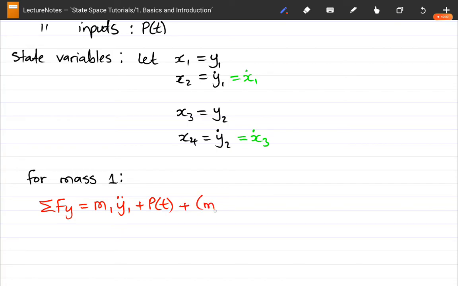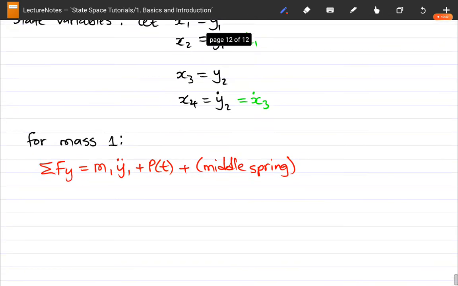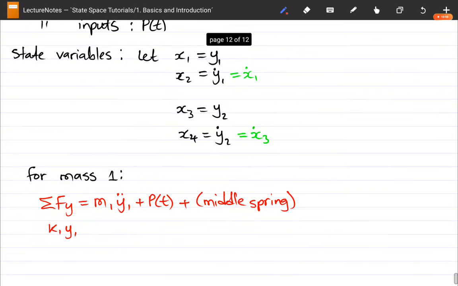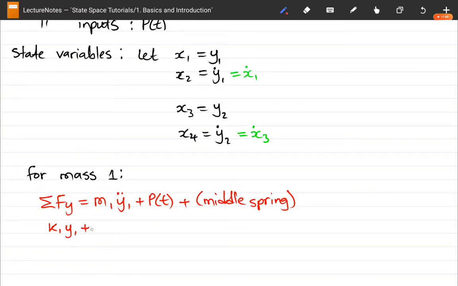This is just going to be a lot of algebra, so feel free to skip forward if you want to see the final equations and the matrix equations. So these ones are going to be K1. I hope you've drawn the diagram, because I won't be scrolling up much. I have it drawn somewhere on paper for quicker working out. C1 Y1 dot, that's M1, P of t, which is K2.